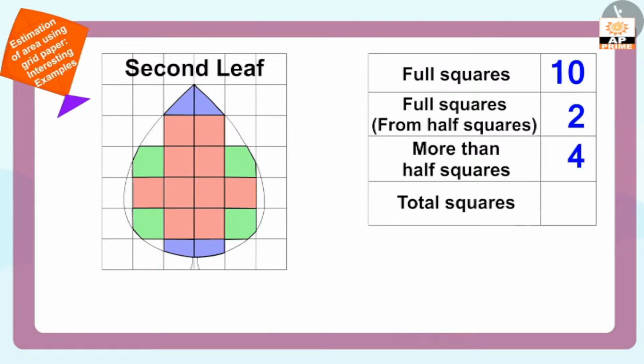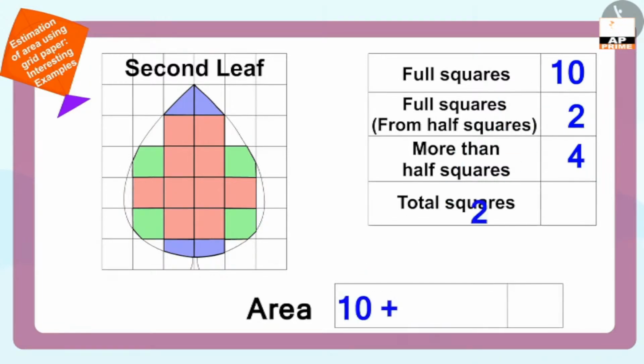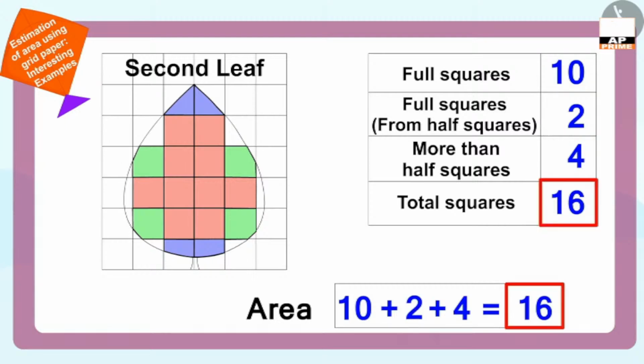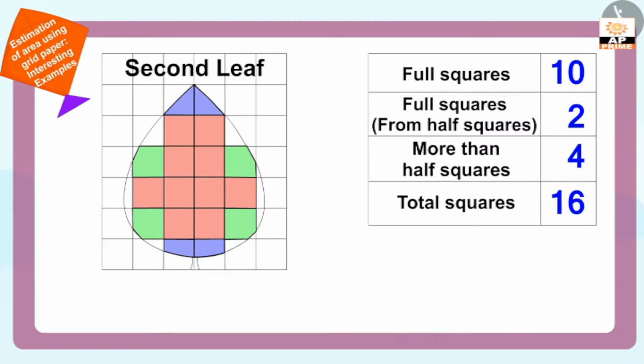And there are some less than half squares which we will not count. In this way, there are 10 plus 2 plus 4 or 16 squares in the enclosed area of the second leaf. In other words, there are 16 squares in the area of the second leaf.